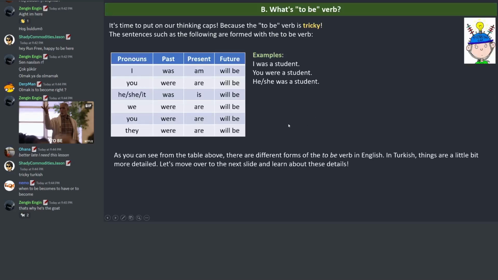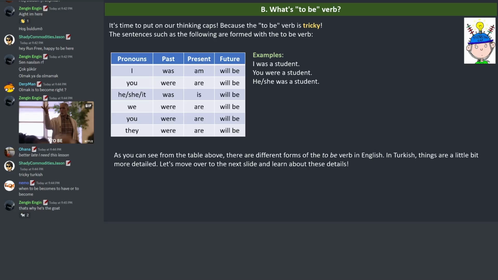So let's talk about what's to be verb, and you will need your thinking cap because it is tricky not only in Turkish but also in English. It's not a full verb. It has conjugations, but it has different appearances. It looks different in different tenses, in different forms.